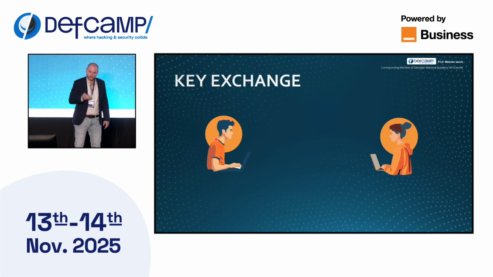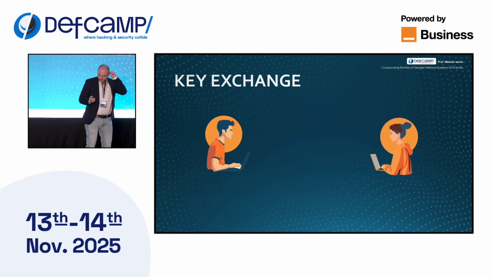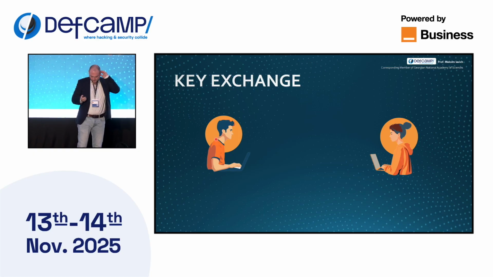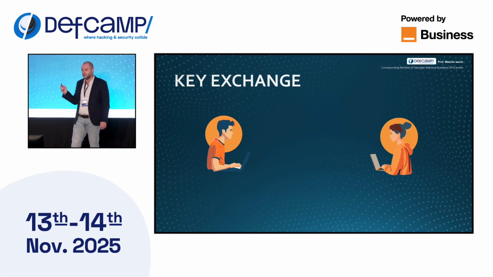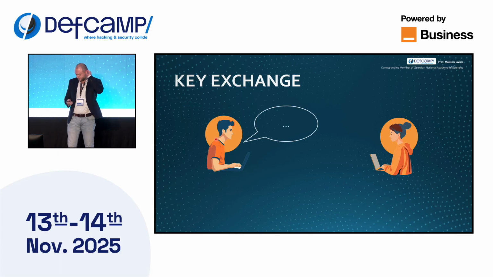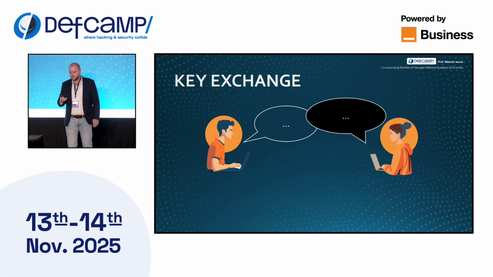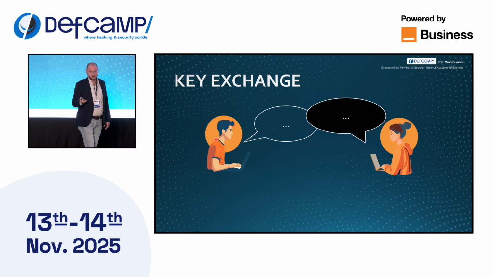It's used very well for the key exchange. Here are Bob and Alice, also generated by AI, and they want to talk to each other.